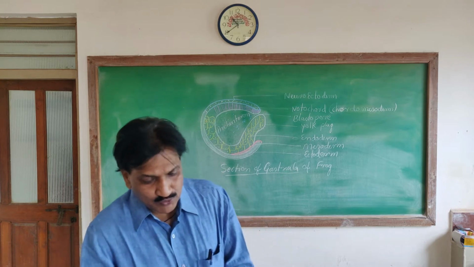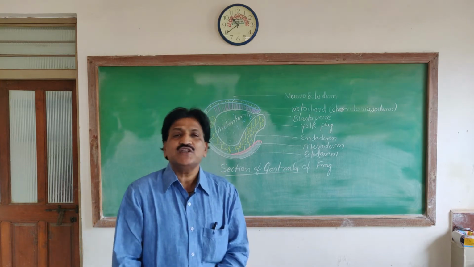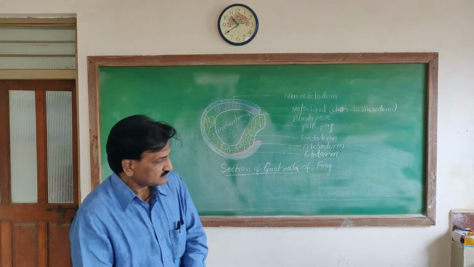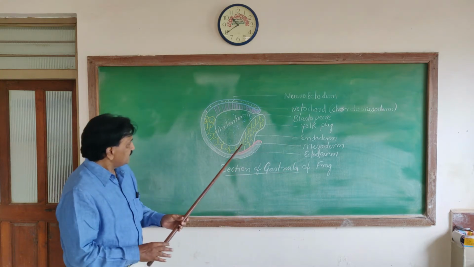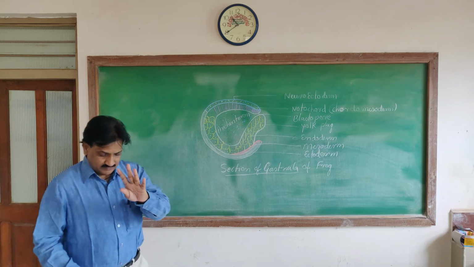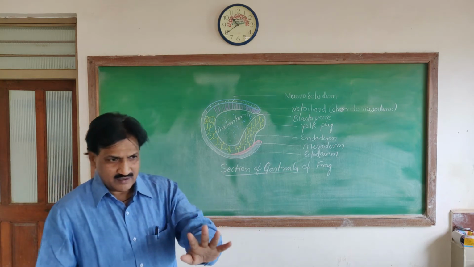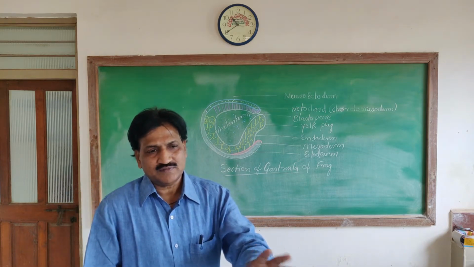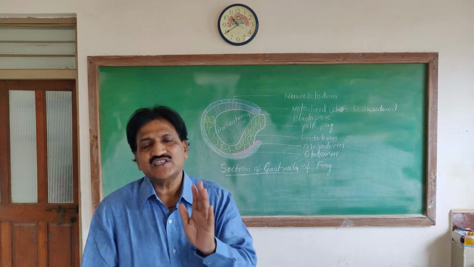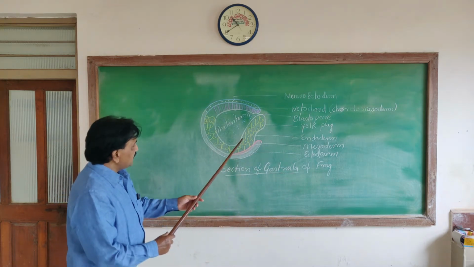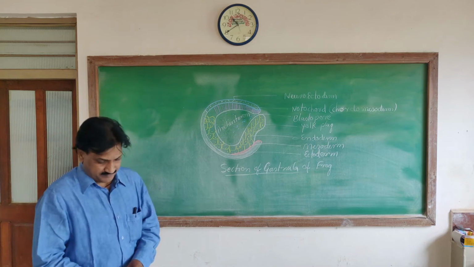Okay, now today I will take the section of gastrula that is called mature gastrula. Now here, it is an embryonic stage. Whether you take the blastula or gastrula, it is an embryonic stage.